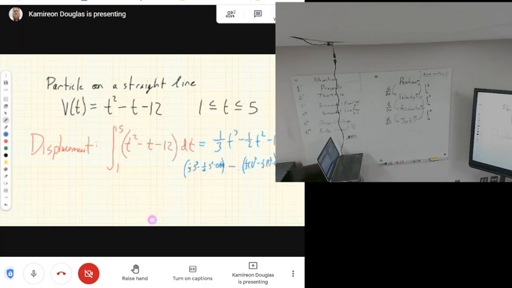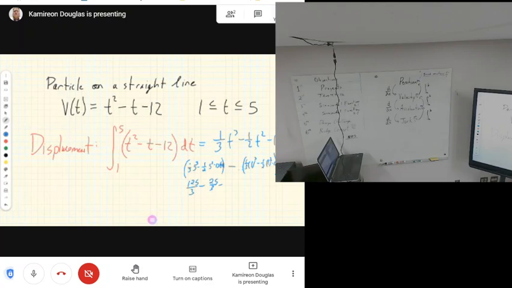Beautiful. A lot of small math and integration. Okay, one piece at a time. 1/3 of 5 cubed is 125/3. Minus 1/2 of 5 squared is 25/2.